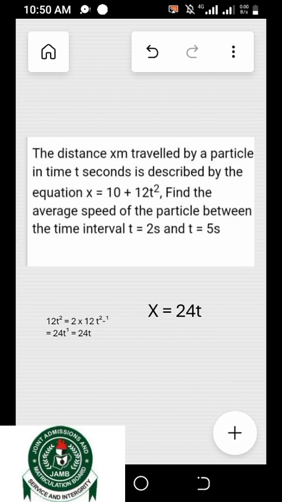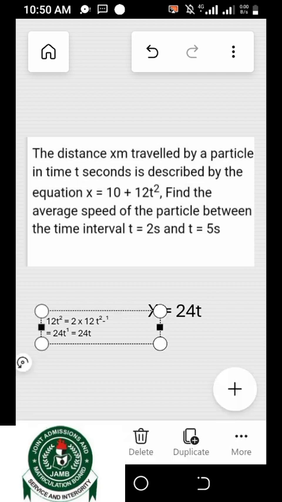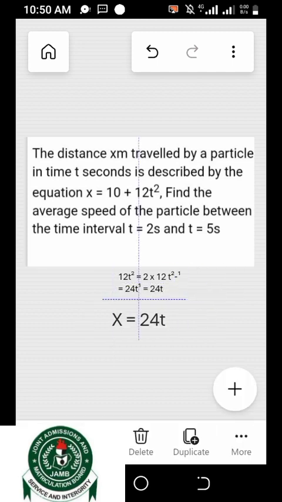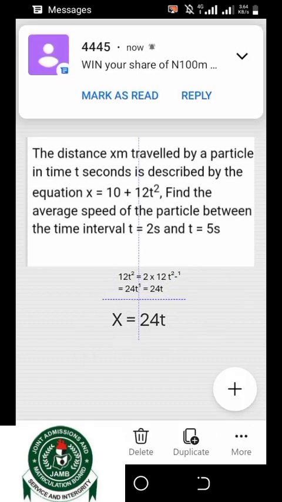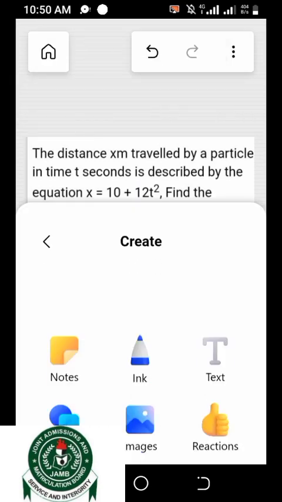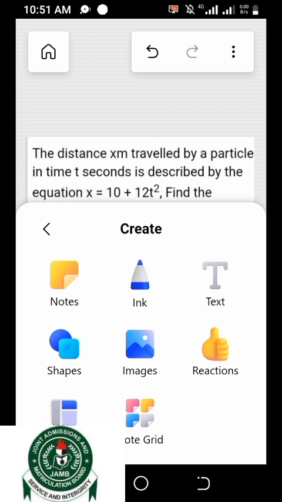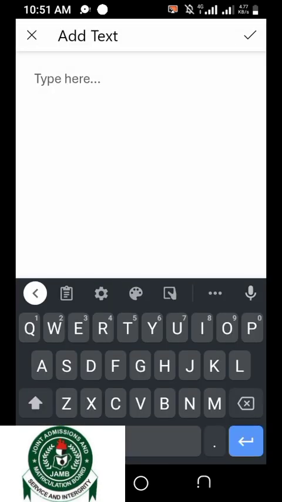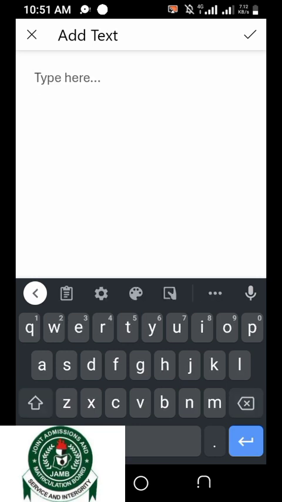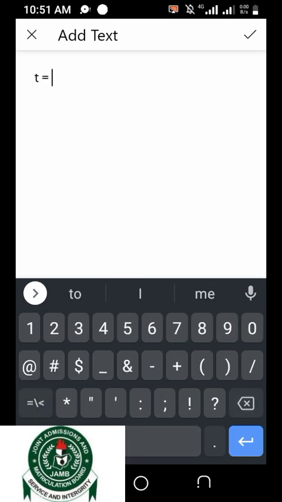So we are going to place 2 seconds inside this 24t. So our t, which is the time interval, is equal to 2.